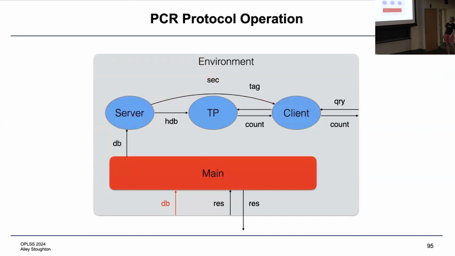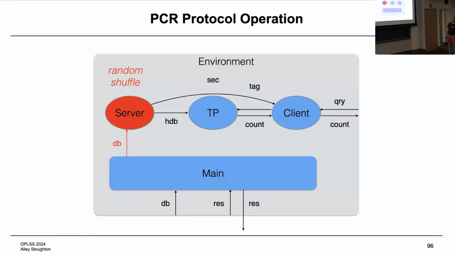Then main asks the environment, what's the database you want us to use? So a list of elements. That's then passed to the server. The server randomly shuffles it, so it changes the order in a random way.